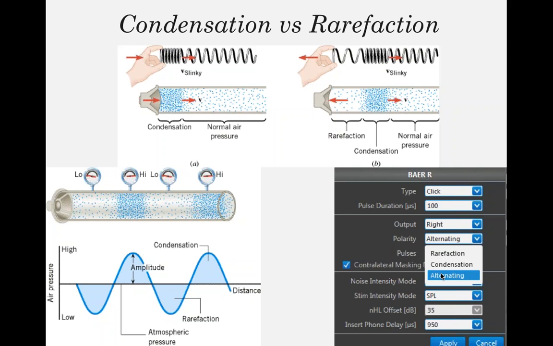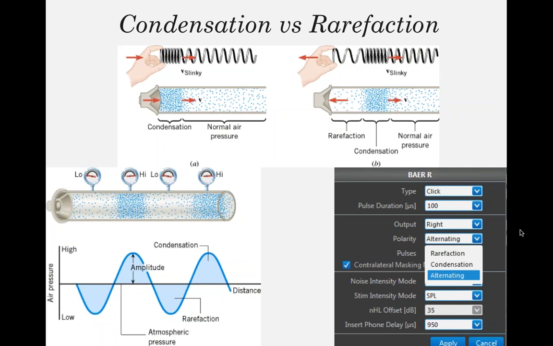If we were to stick with only condensation, only positive pressure, only sound that is pushing on the eardrum, that's going to make wave 1 larger. And if we do rarefaction, pulling on the eardrum, negative pressure on the eardrum, that's going to amplify wave 5.